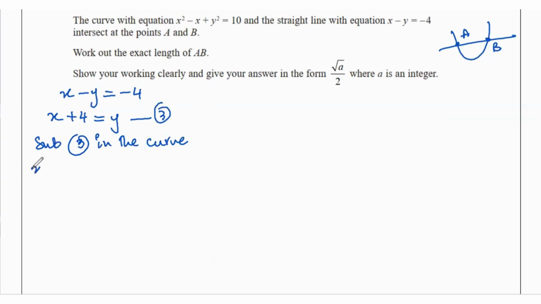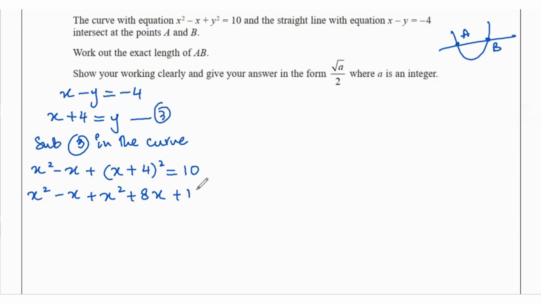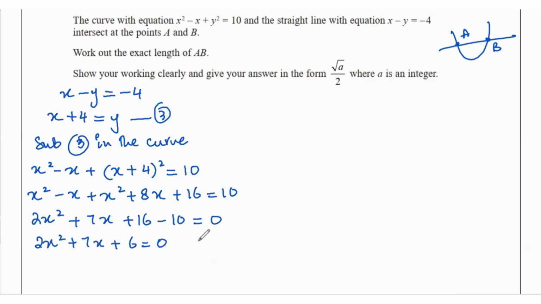So that's x squared minus (x plus 4) whole squared equals 10. Expand the bracket: x squared minus, x squared plus 8x plus 16 equals 10. Combine the like terms: 2x squared plus 7x plus 16 minus 10, so 2x squared plus 7x plus 6 equals 0.